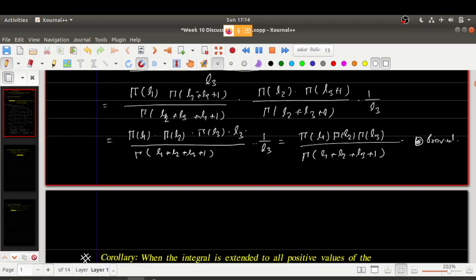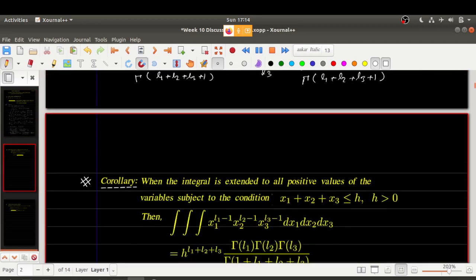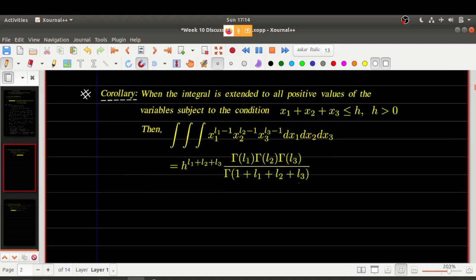Now, as a simple corollary, in the case of three variables, I have written that when the integral is extended to all positive values of the variables subject to the condition, this means all xi's are positive and they satisfy this, so individually they are less than or equal to h.